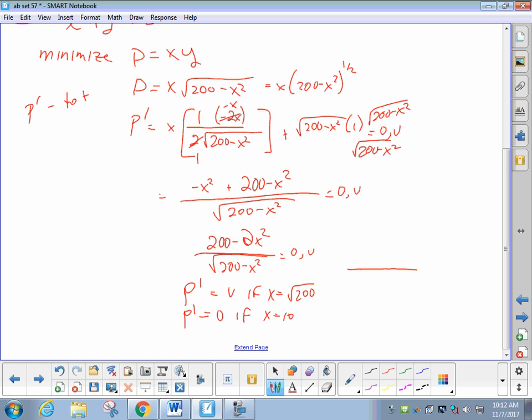In terms of signs, let's see, for small x's, positive over positive. For big x's, bigger than 10, this would still be positive, but that's negative now.